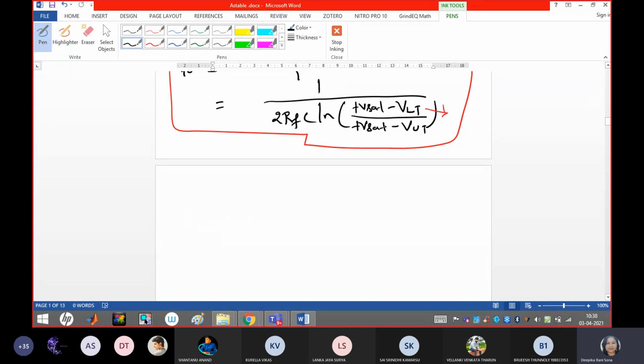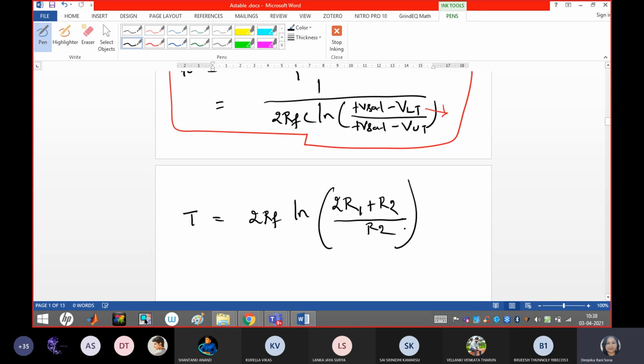So if I represent the VUT and LT in terms of R1 and R2 and V set form, the equation can be written as, I'm just writing the final lines, guys. You just derive that, okay? So T can be represented as 2 RFC ln whole into 2 R1 plus R2 whole divided by R2.